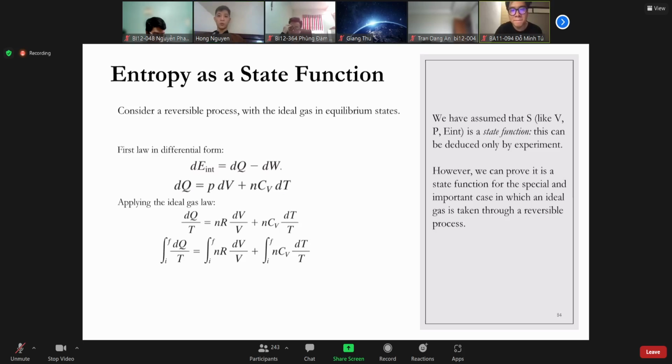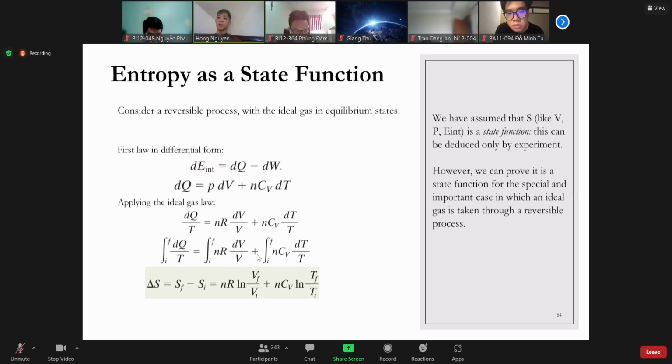Now, how do we calculate? We have this expression, right? What do we see here? We see here that it only depends on the initial states. So here we have the temperature, initial temperature, the final temperature.